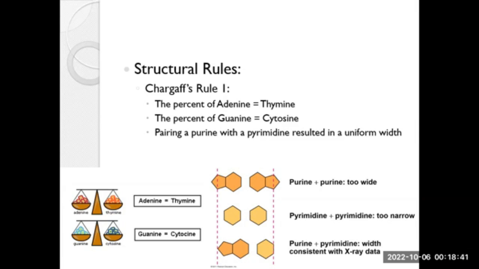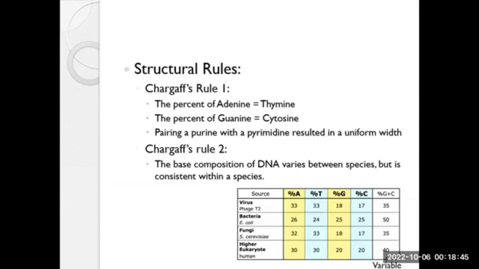So apples in the tree, cars in the garage, or the other one. Rule number 2 is that the percents of A's, T's, C's, and G's are going to be consistent within a species. So let's say humans are 30% A. That makes it have to be 30% T, right?